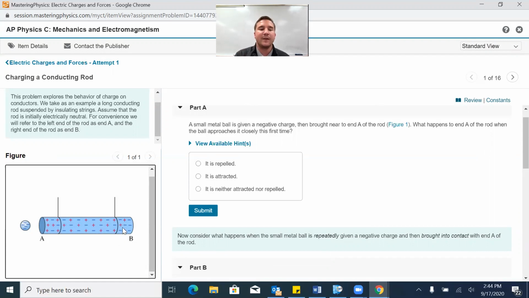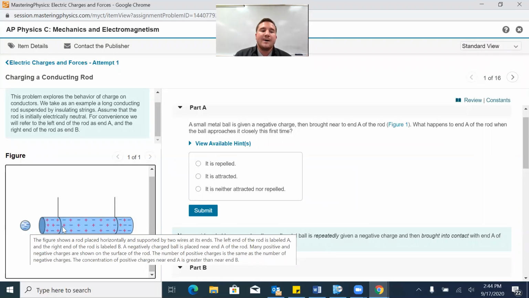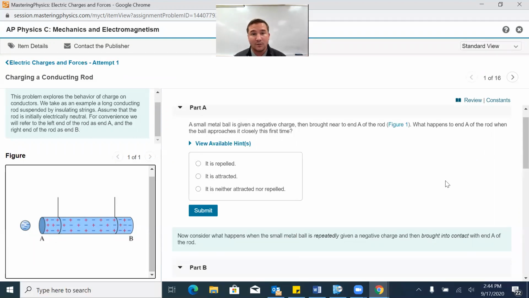Towards end B of the rod. So we bring the negative ball close. All the particles, the electrons, move towards end B of the rod. And when the electrons move towards end B, it leaves an excess of positive charge at end A.